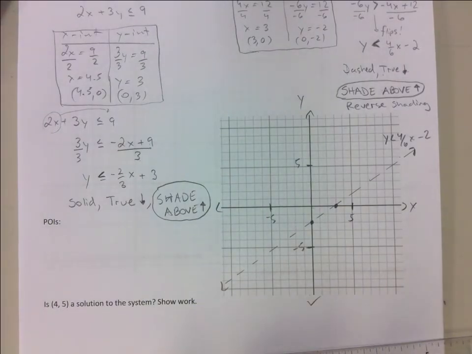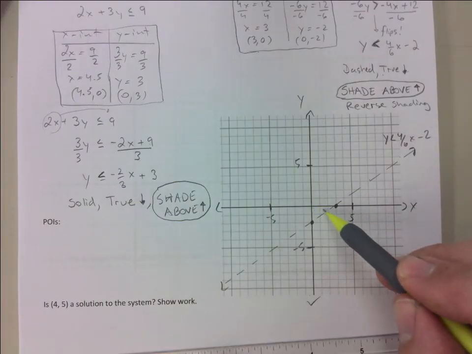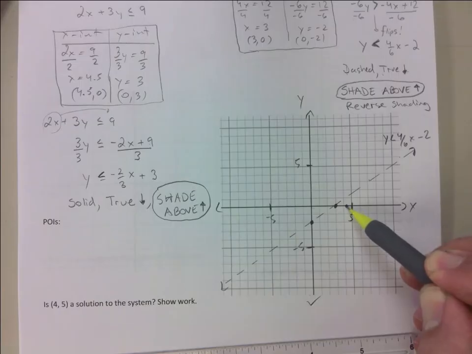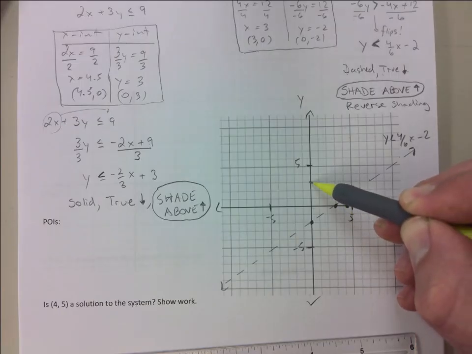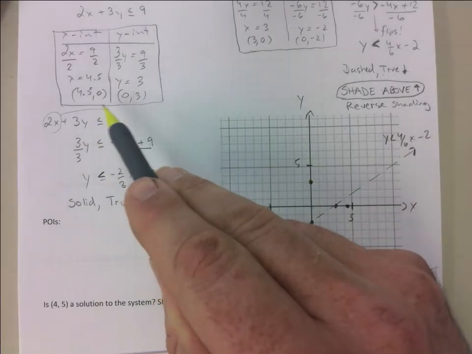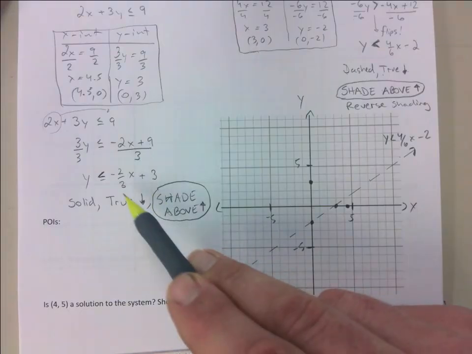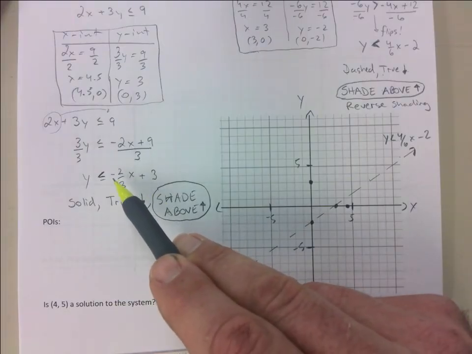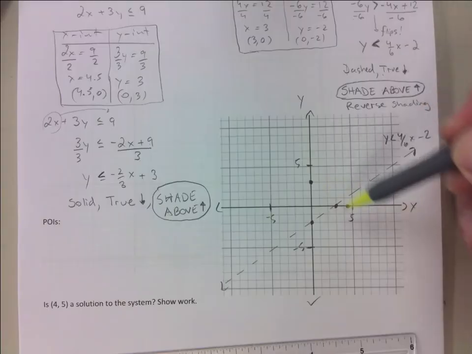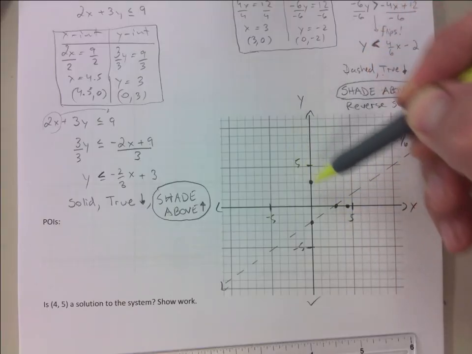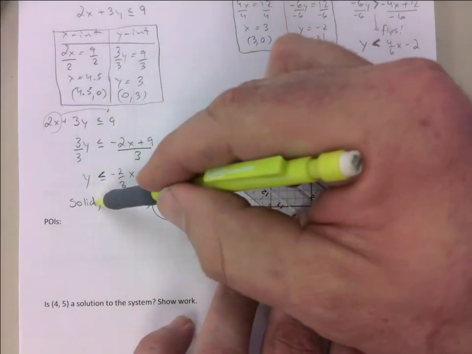Don't shade yet though. Draw your lines, then shade. The next line, 4.5 is my x-intercept, (0, 3) is my y-intercept, right? I'm looking right at my numbers, and it makes sense because my slope is negative. So it makes sense that this is going to be dropping from left to right. It's a solid line.